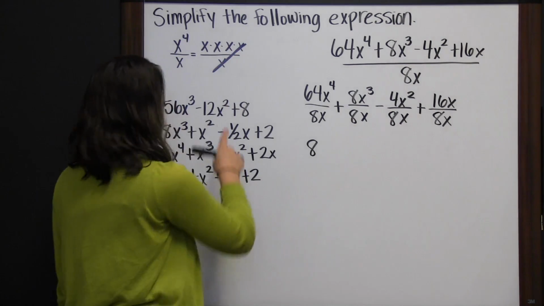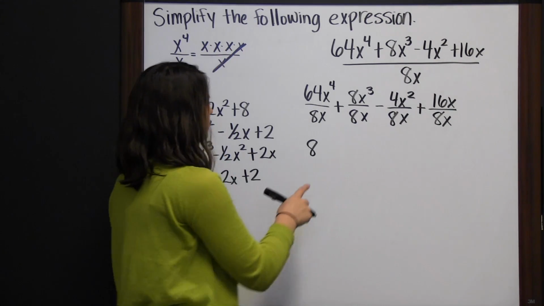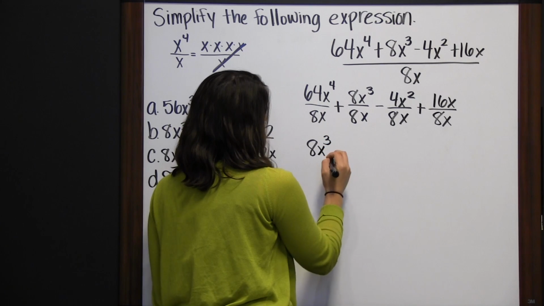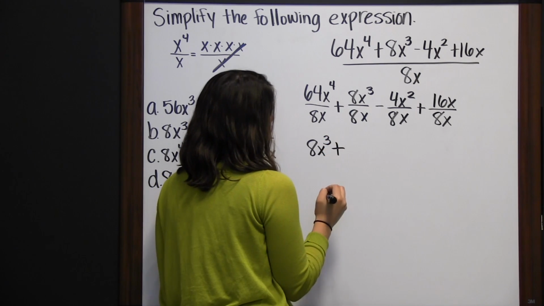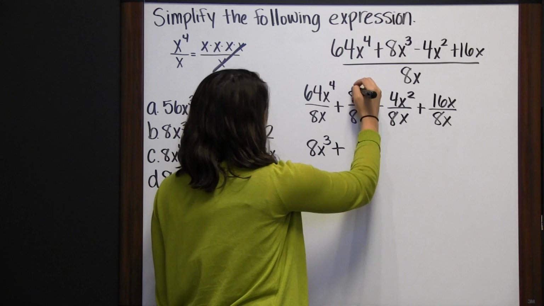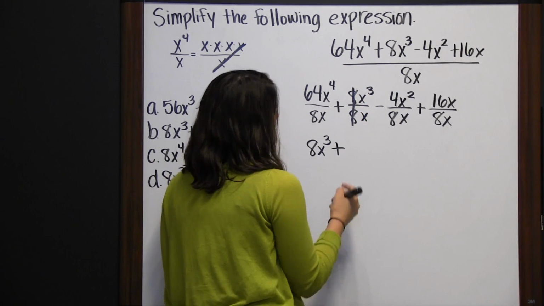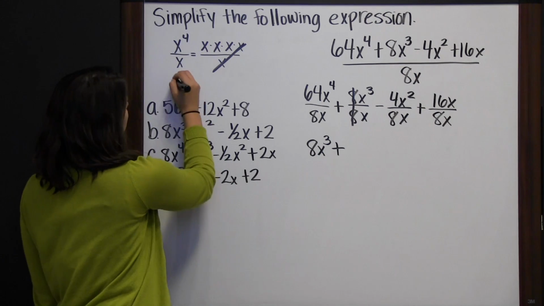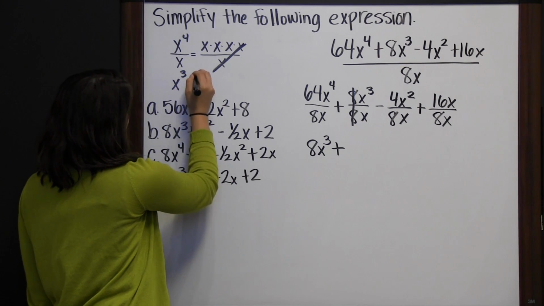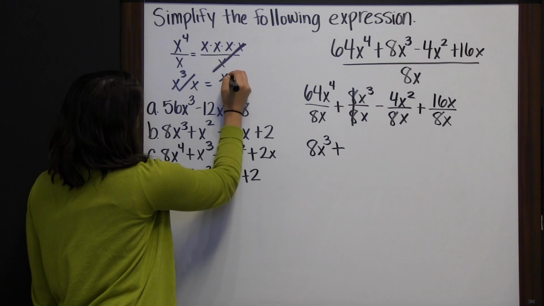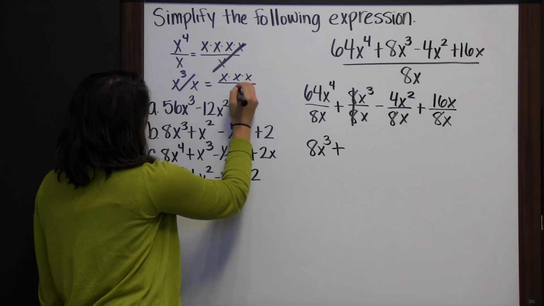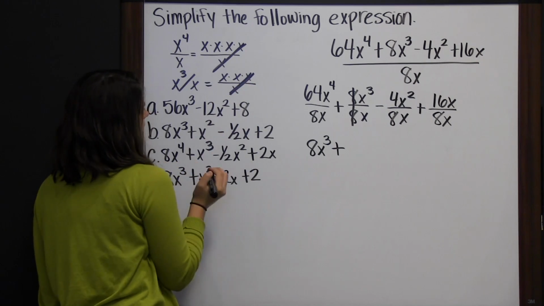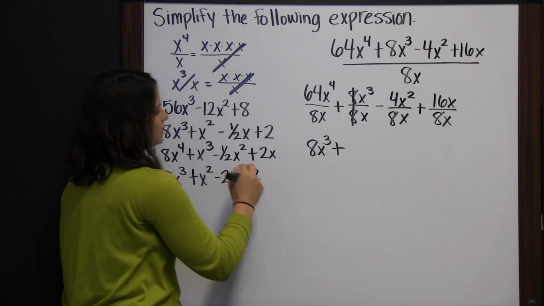And what you're left with is x cubed. So x to the 4th divided by x is x cubed. Plus 8 divided by 8 is 1, and then we do the same thing with x cubed divided by x. So x cubed divided by x would be x times x times x divided by x. x divided by x is 1, so you're left with x times x, x squared.